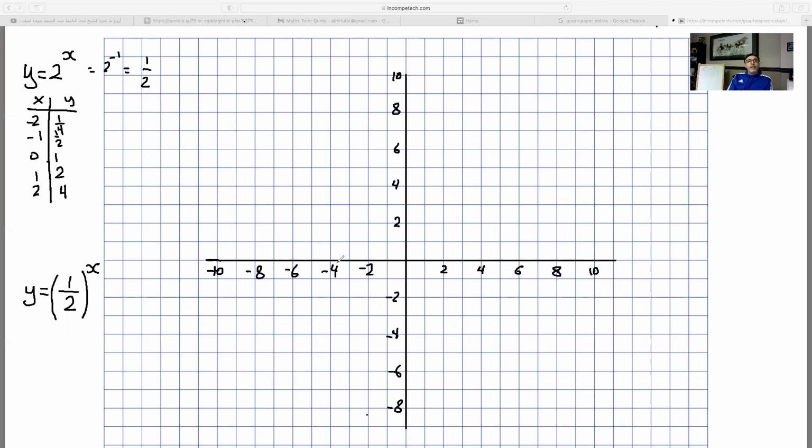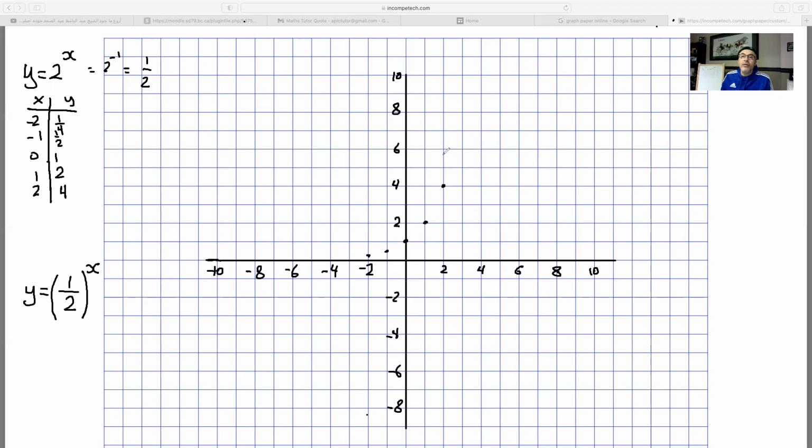So now I'm going to go ahead and start plotting some of these. So -2 and 1/4, which is around here. -1 and 1/2 is around here. Then 0 and 1, it's around here. 1 gave me 2, so it's right there. And 2 squared gave me 4.